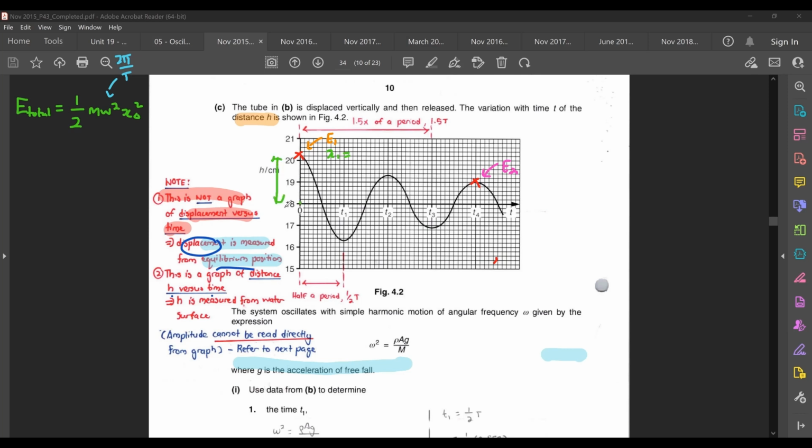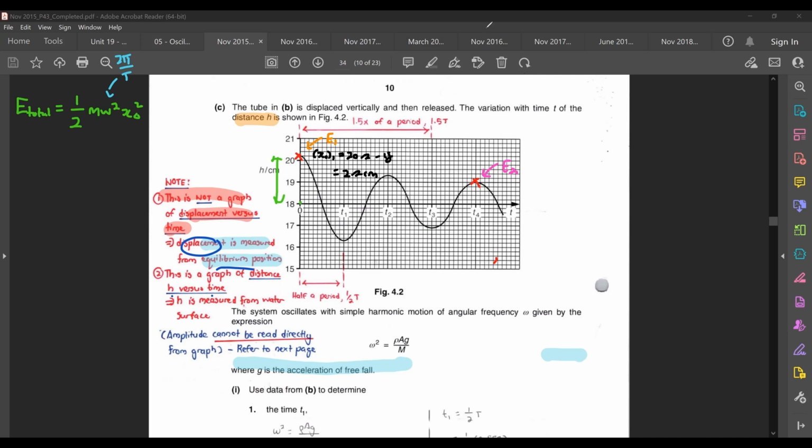You see your h here, you notice that it didn't start from 0. So this one here, if I read it correctly, is actually supposed to be 20.2 minus 18. Distance X1 is supposed to be 20.2 minus 18, giving you 2.2 centimeter. This is your amplitude for X1.